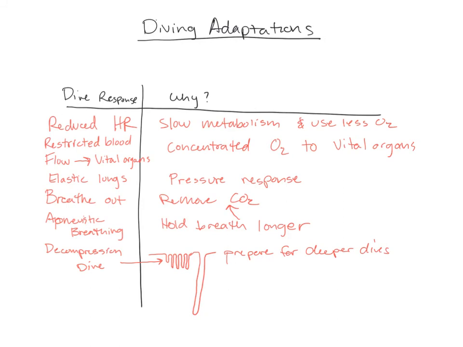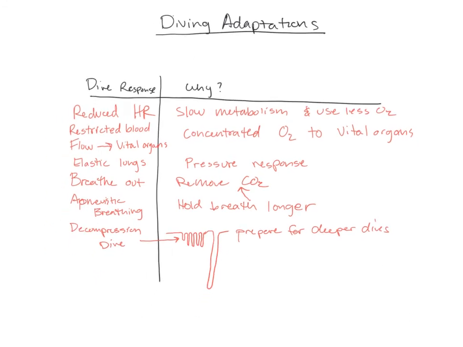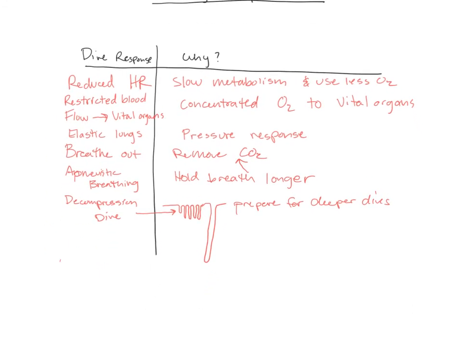We mentioned that the lungs collapse. They also have a high tolerance for anaerobic respiration, so that allows them to switch when they run out of oxygen.